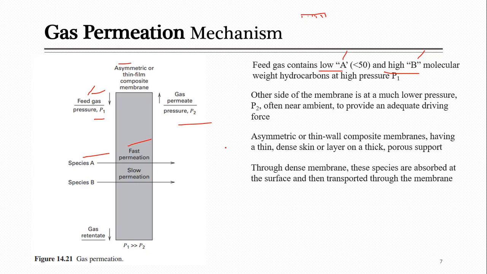Most of the time similar systems are used, because in that case the pressure was also high. Here the pressure is even higher, so you will need support for the membrane to avoid rupture or damage.